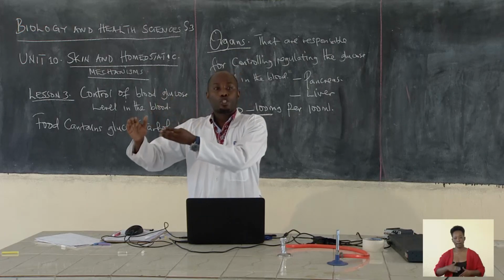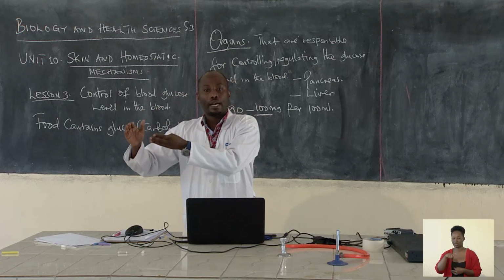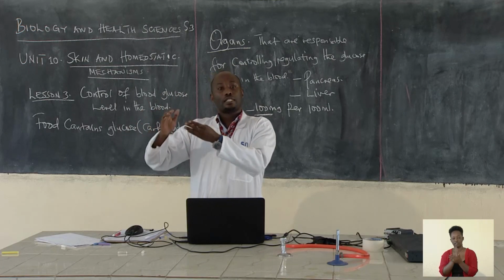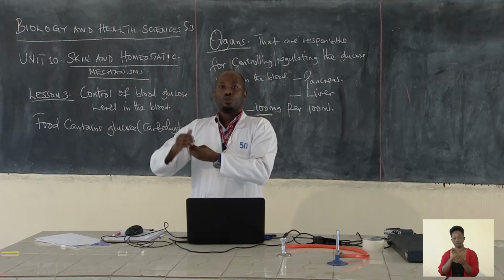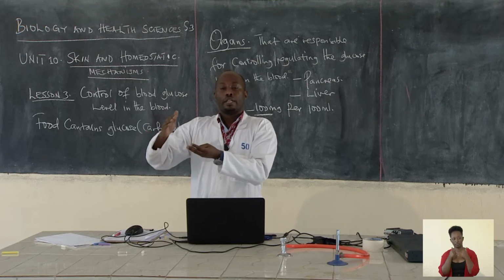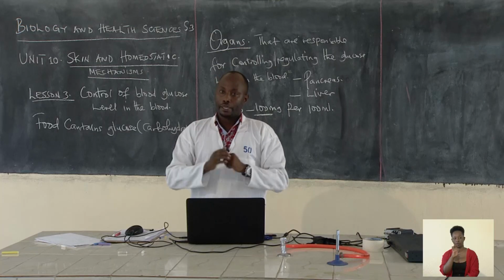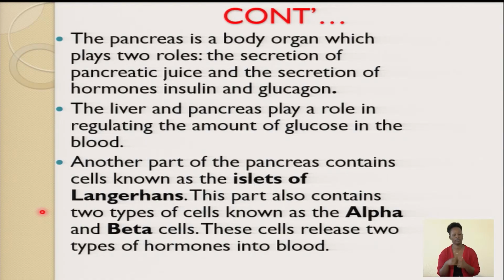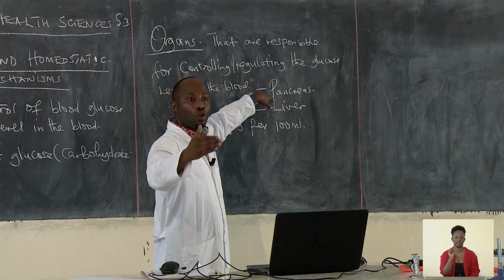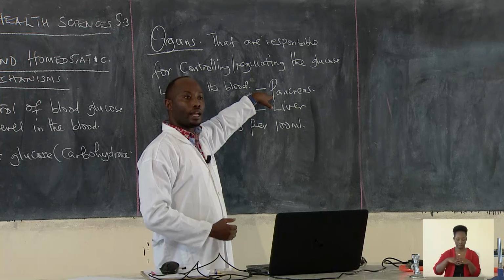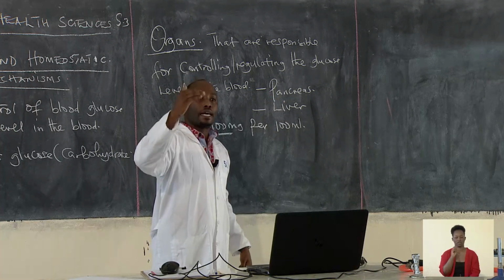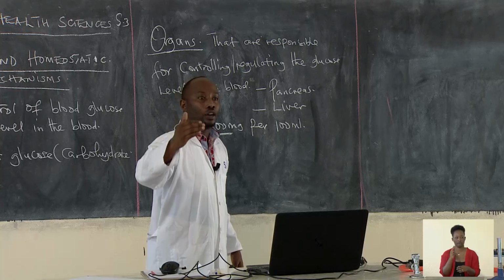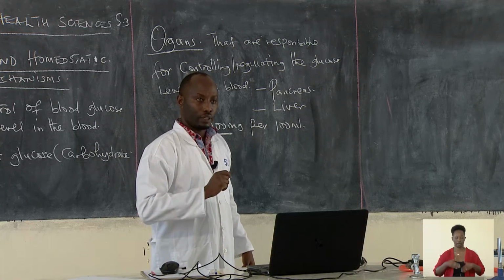So now, not to affect the normal functioning of the cells, the body has to work hand in hand with some of the organs and some of the cells to function properly so that the glucose is balanced properly. Have you understood? Let's go to the pancreas, as I mentioned. The pancreas is an organ located below the stomach. And student, the pancreas is a body organ which plays 2 roles.